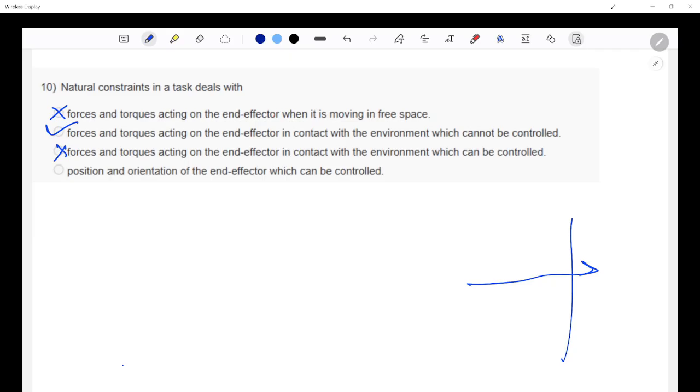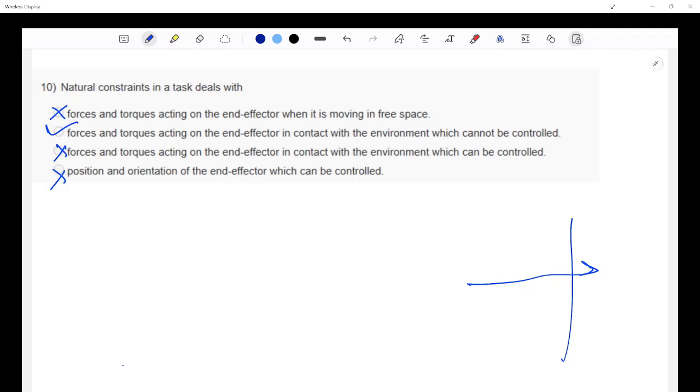The fourth option is position and orientation of the end effector which can be controlled. Again, controllable variables are the artificial constraints. So natural constraints arise from interaction with the environment and represent variables that cannot be controlled independently.